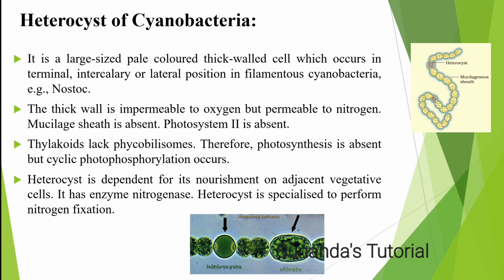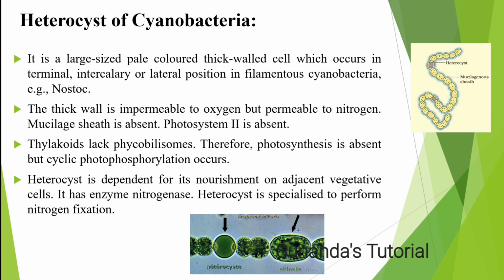And then heterocyst. These are special cells of the cyanobacterial trichome, and these cells are large, pale colored, thick walled cells. Sometimes they appear in a terminal position, sometimes in an intercalary position, and some are present in a lateral position.